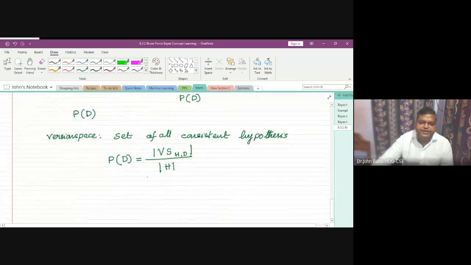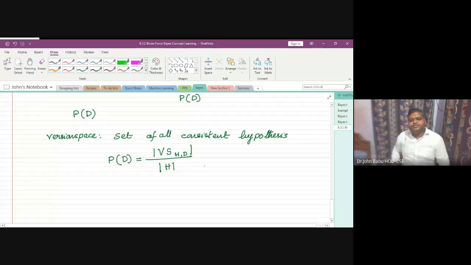In the same way, when we are talking about the data, version space is the set of all consistent hypotheses. So, probability of data is equal to version space of all the hypothesis and data by the magnitude of H.